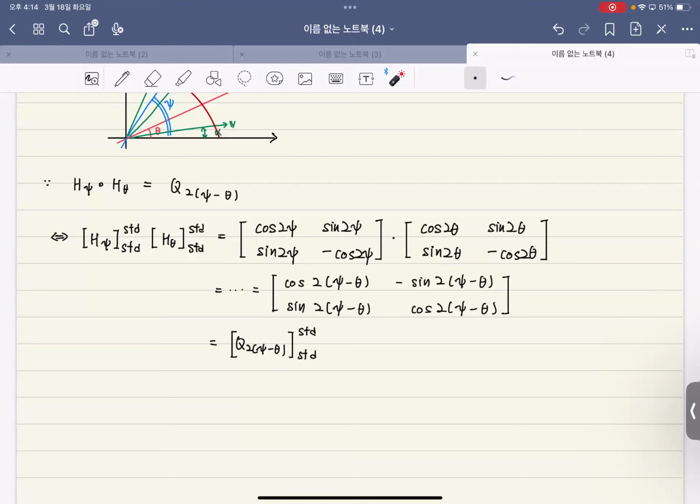But I just want to have a little digression on finding the same result. I want to show you a completely different way to derive precisely the same matrices, but with a different method.